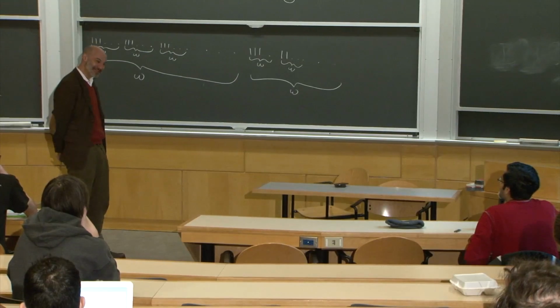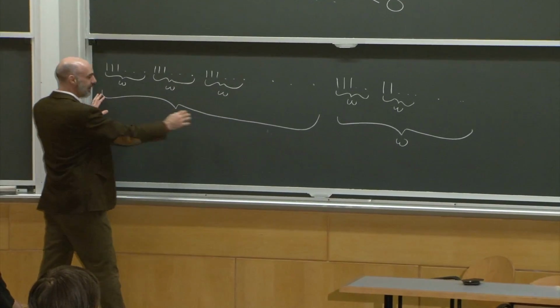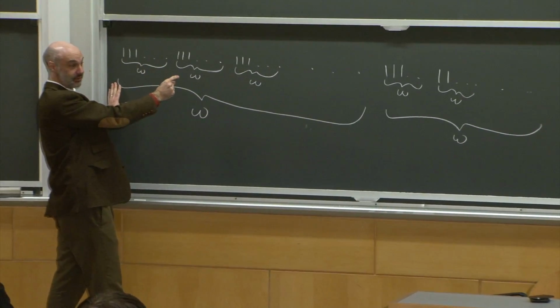You can put another, even bigger dot at the end, and then make that whole chalkboard your whole next omega. That's right, exactly. So we have these big sequences, each of which consists of omega sequences.